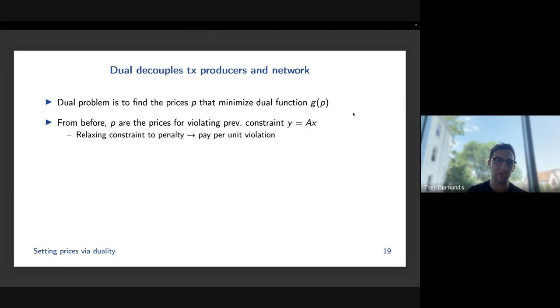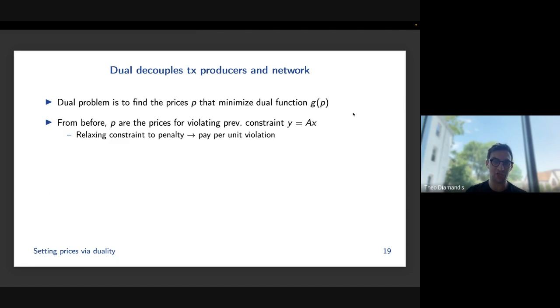From before, these prices P are the prices for violating this constraint. And because this vector Y is actually the resource usage vector, these prices are going to be exactly the prices that we want users to pay for their resource utilization. So the dual interpretation is that we are paying per unit violation of this constraint.